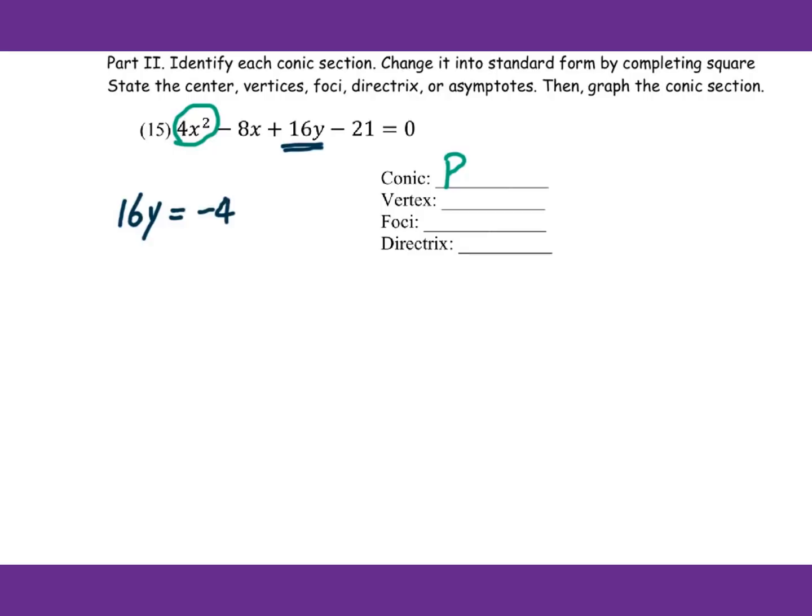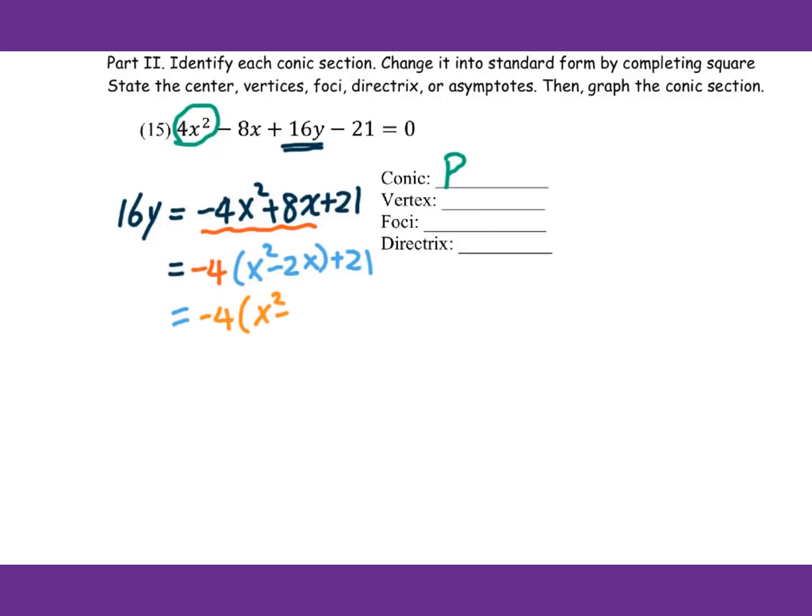We got the negative 4x squared plus 8x plus 21. Then we take negative 4 outside. We get x squared minus 2x plus 21. So we get negative 4.